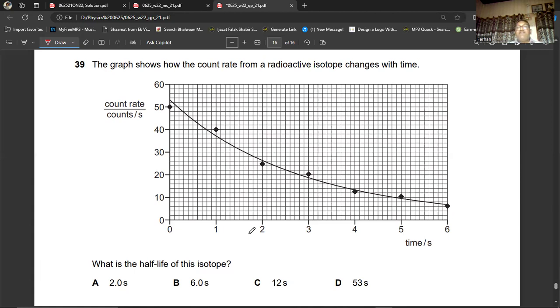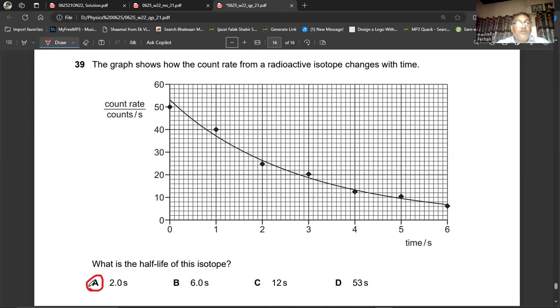Half-life is the average time duration in which half of a radioactive isotope decays. So its count rate was 53. When the count rate becomes 26 point something, the time duration will be equal to the half-life. So what is the half-life here? 2 seconds.